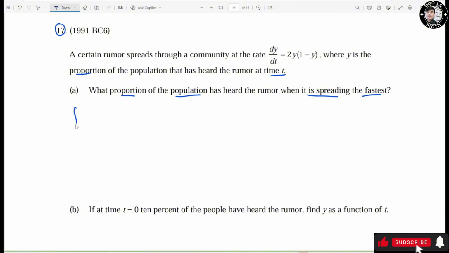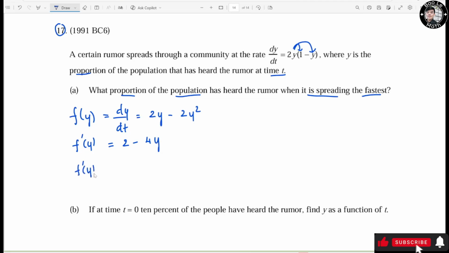So basically, I just let the function f of y equals dy over dt, and it's going to be 2y, I'm going to distribute this one, minus 2y squared, right? I need to find the first derivative of this one, f prime of y equals 2 minus 4y, right? Now I'm going to let this one equal 0. It's the same thing as 2 minus 4y equals 0, and then y equals 1/2, right? So the proportion is 1/2.